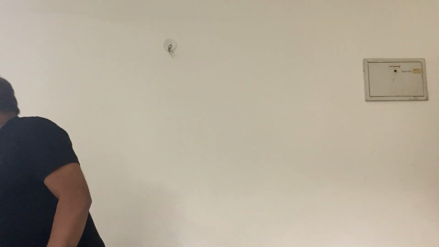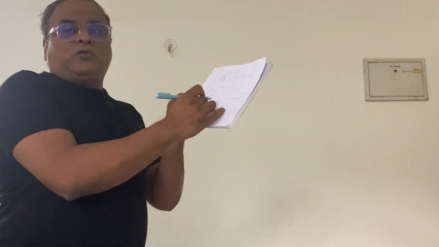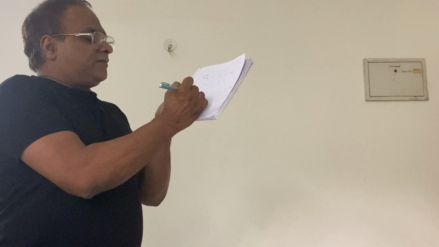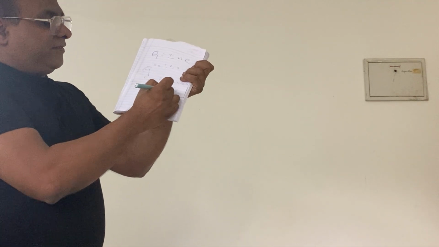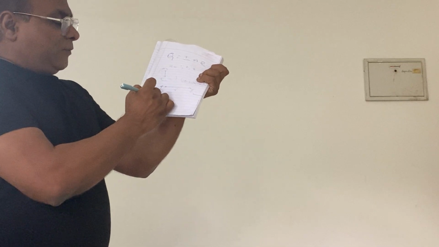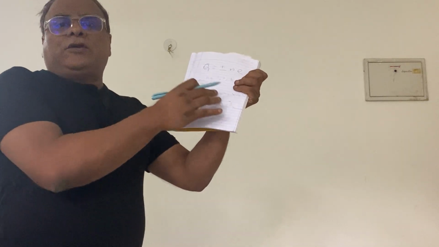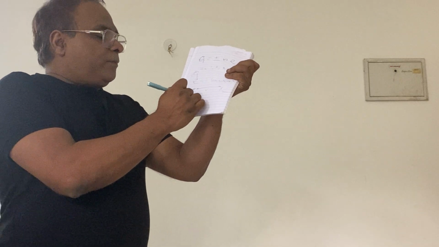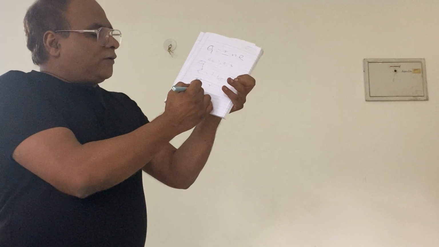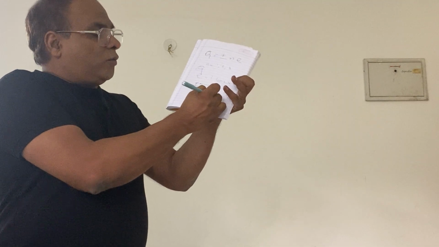So Coulomb's law states that the force between two charges, for example Q1 is one charge, Q2 is another charge, and the distance is r. Attraction is when one is positive and the other negative, repulsion is when both are of the same sign. The force is directly proportional to the product of the charges, F is proportional to Q1 Q2.